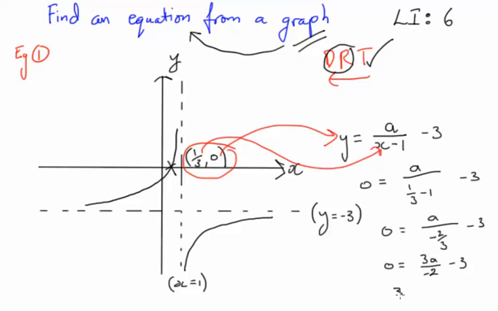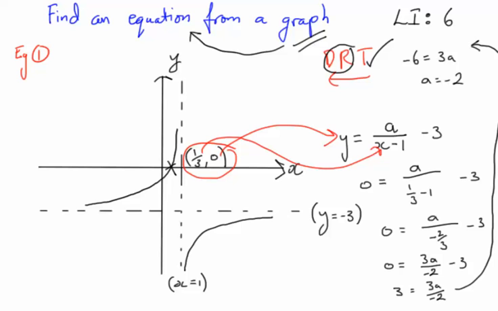Let's add 3 to both sides. And I'm going to continue up here. Let's multiply both sides by negative 2, so we get negative 6 equals 3a, and a equals negative 2.